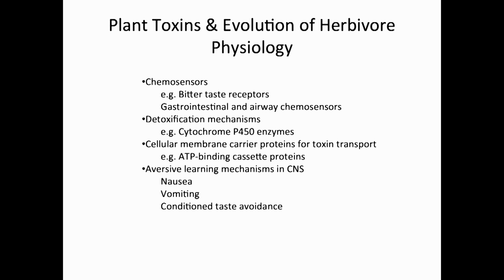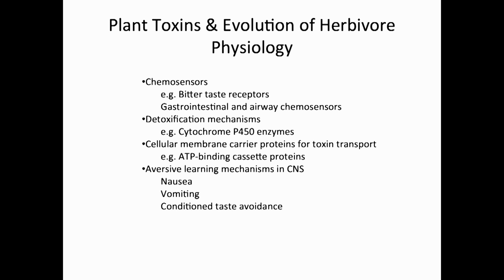So it turns out that plant defensive chemicals have had a large role on the physiology of herbivores. So we have a lot of different mechanisms that help us detect and avoid plant defensive compounds. Chemosensors, these are bitter taste receptors, things that taste bitter.